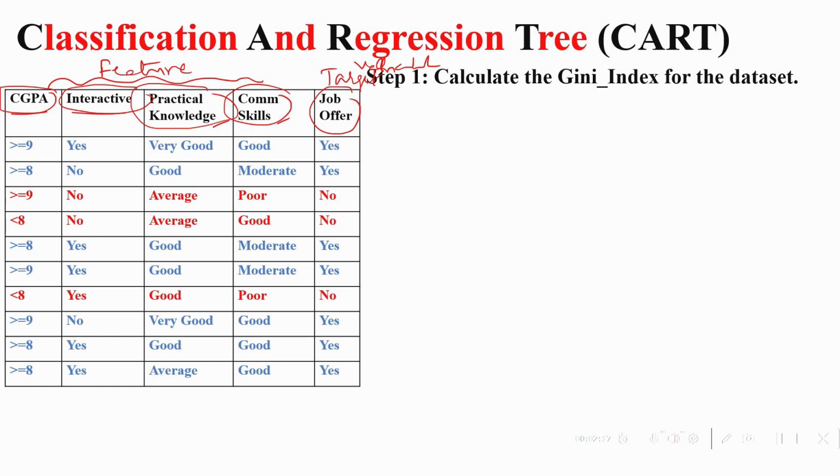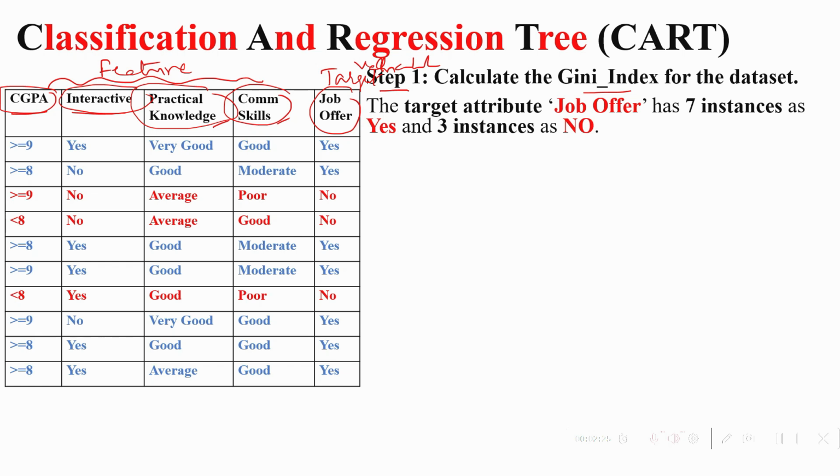Now here, step one is you have to calculate the Gini index for the given data set. The target attribute, job offer, contains 7 instances of yes, as you know. Totally we are having 10 instances.